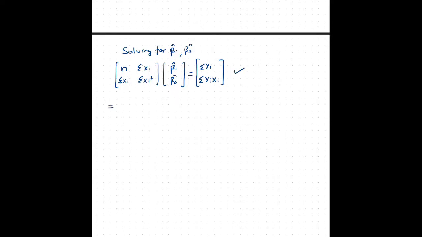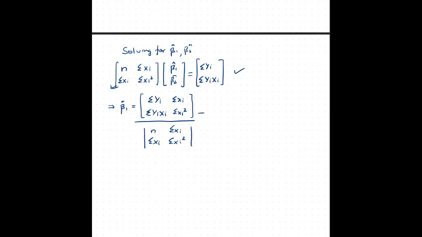So now this implies that beta 1 hat will be equal to the matrix with summation yi, summation xi, summation yi xi, summation xi square, upon the determinant of this matrix, that is n, summation xi, summation xi, summation xi square.